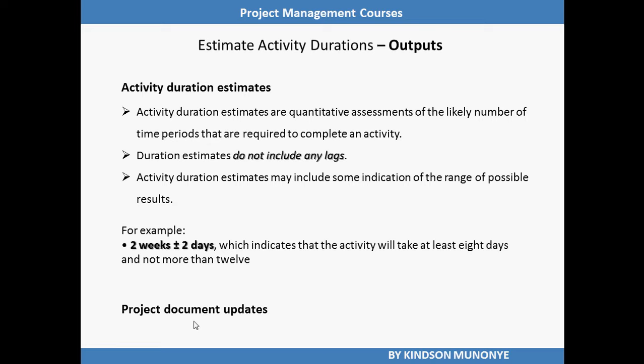Activity duration estimates may include some indication of a range of possible results. For example, an estimate of 2 weeks plus or minus 2 days, which means a range from 12 days to 16 days, which indicates that the activity will take at least 12 days and not more than 16.